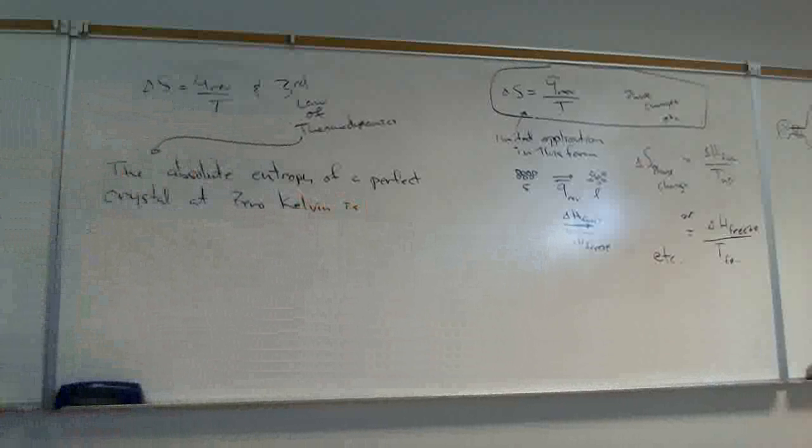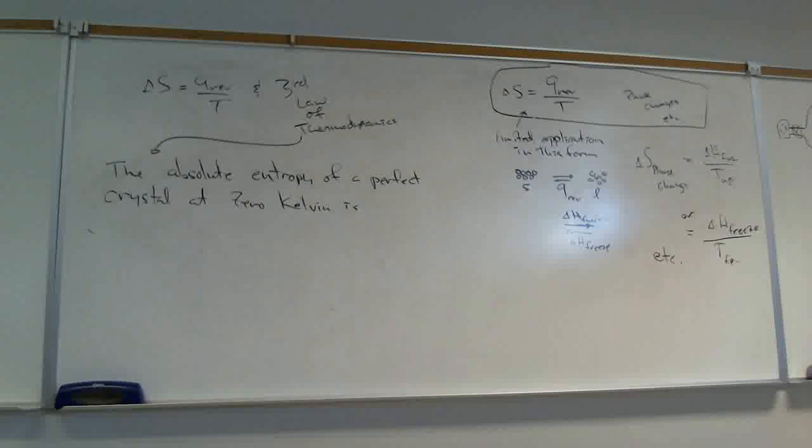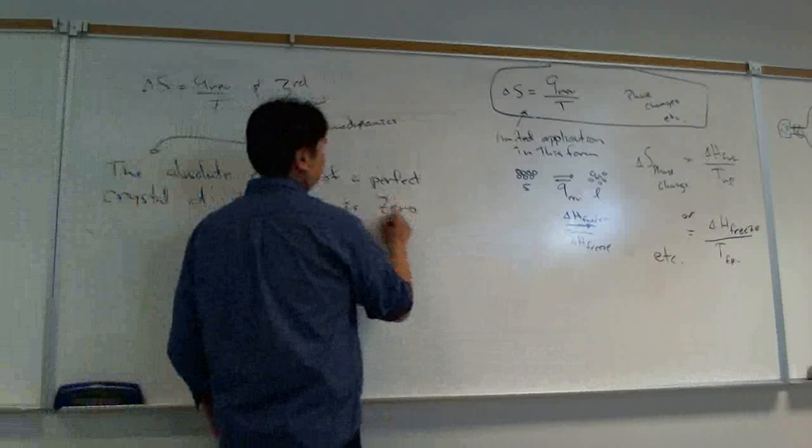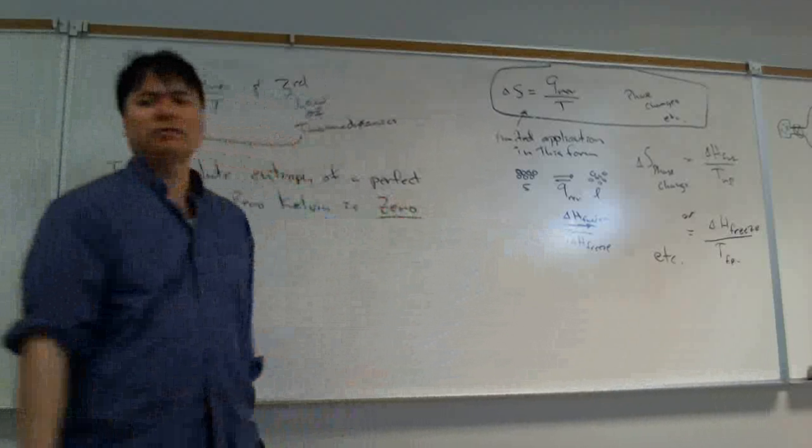So you have a perfect crystal, it's at 0 Kelvin, nothing's vibrating, nothing's moving, everything's in its proper place. How many ways are there to arrange a perfect crystal? Just one way, and therefore its entropy should be 0. That's the third law of thermodynamics.